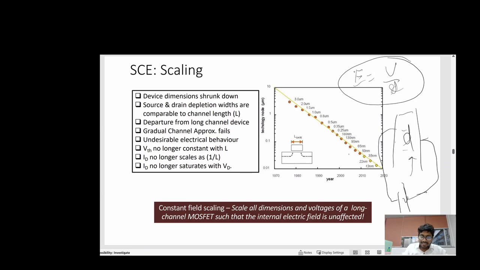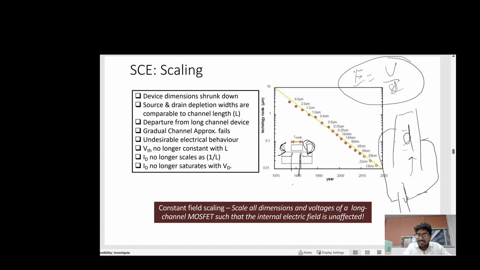Okay, so the same thing happens when the device size shrinks. So this is source, this is drain. In between these two there is some distance, that is the channel length.